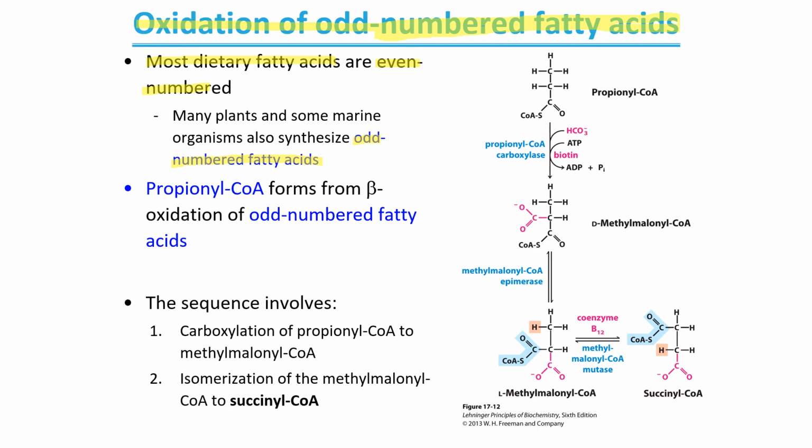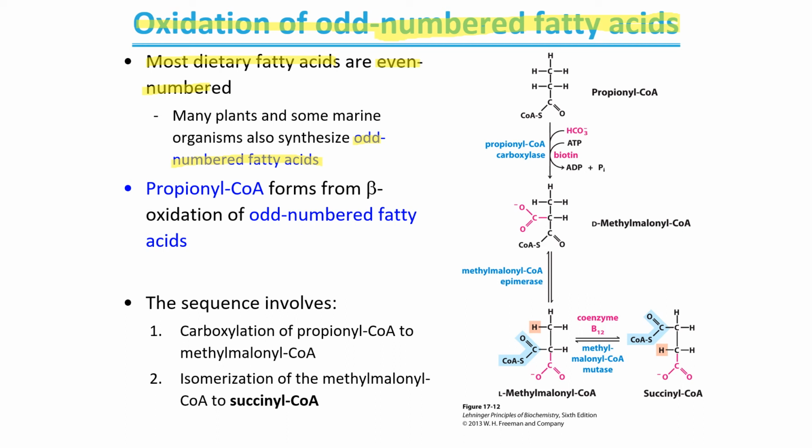But the problem here is the odd number fatty acids. If we start off with 15 or 17 or 19, the same process of regular beta oxidation will continue. We take out two carbons in every round. Say for example we start with 15, in one round we get to 13, then 11, then 9, 7, 5, and then 3.